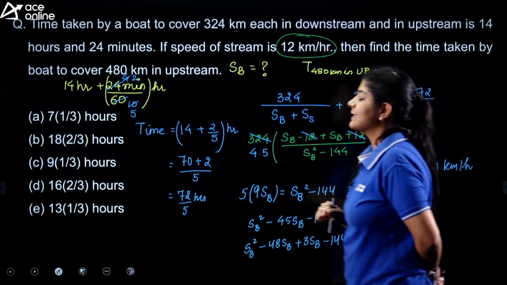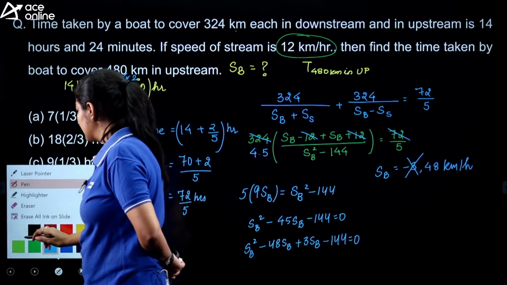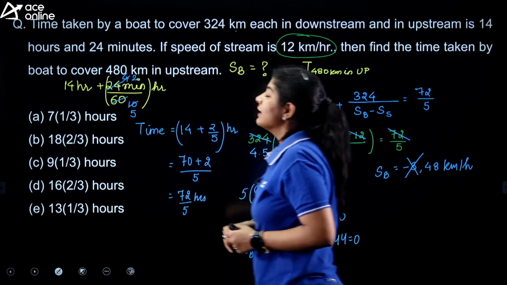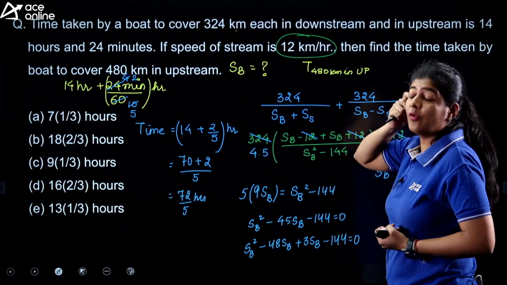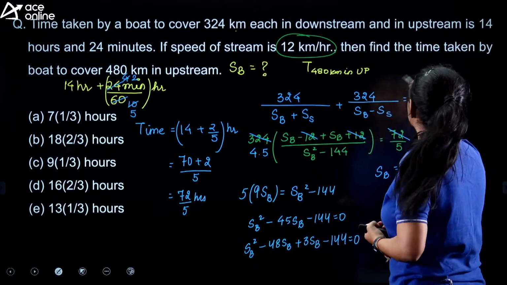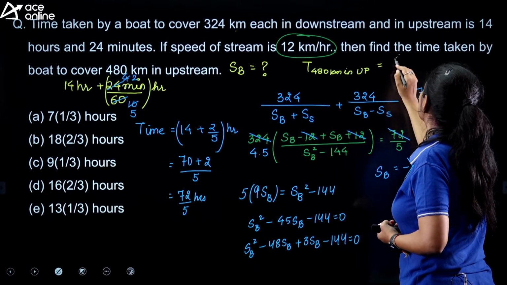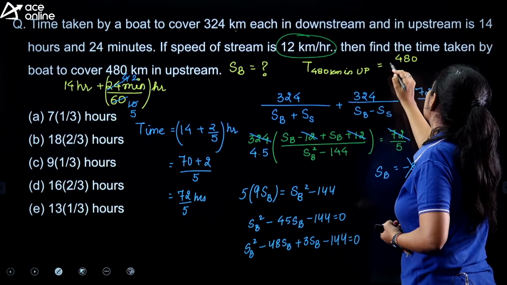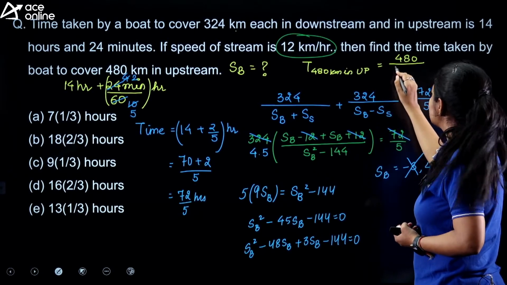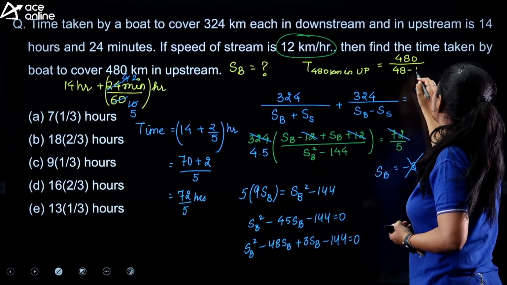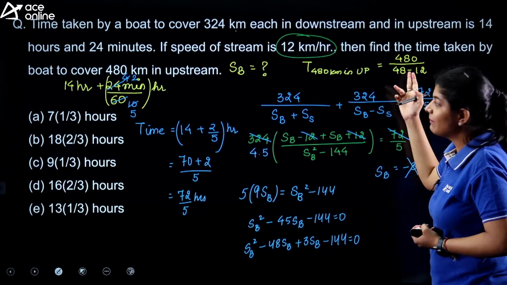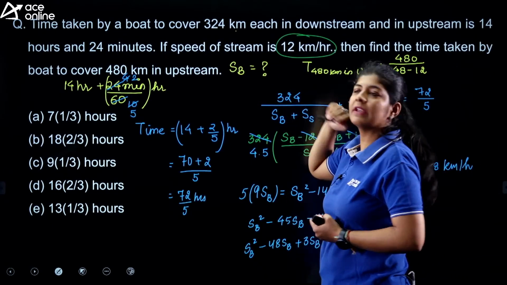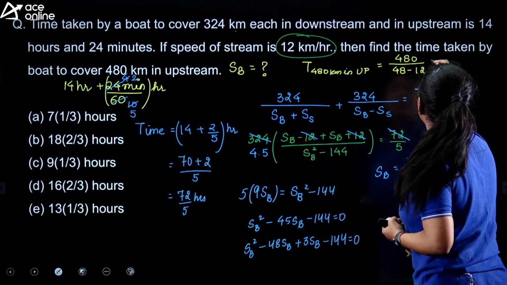Now, the question is asking us to find the time taken by the boat to cover a distance of 480 kilometers upstream. So the time is 480 kilometers divided by the upstream speed, that means 48 minus 12. Why am I subtracting 12? Because it is upstream and the speed of the stream is given as 12 kilometers per hour.